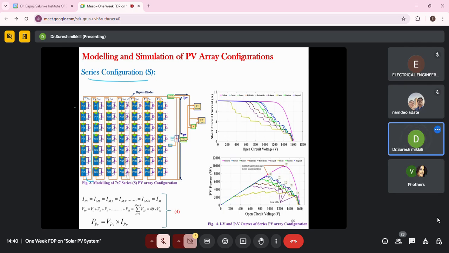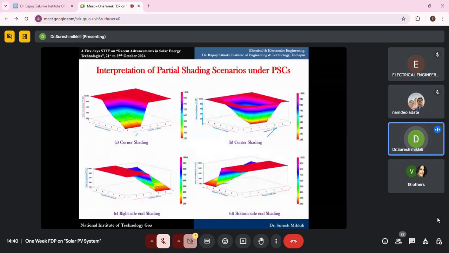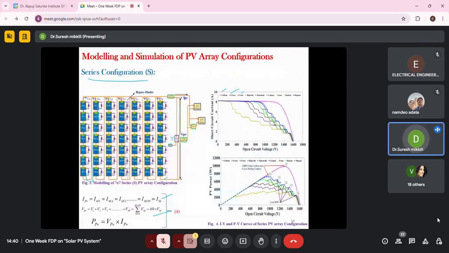The current will be the module current, and the voltage will be 49 times that value. I have simulated uniform condition, corner shading, and the different shading conditions here. I will show you those MATLAB simulation results.